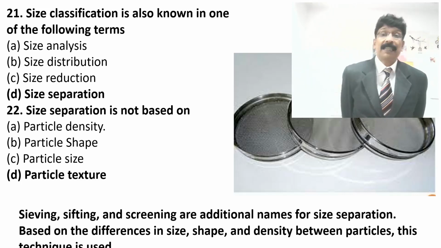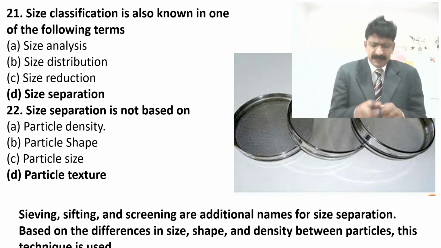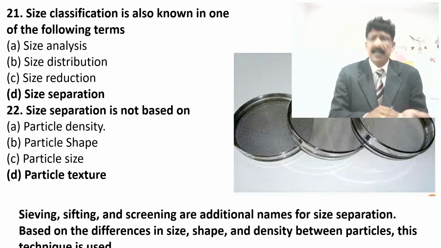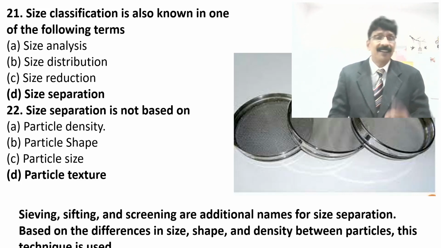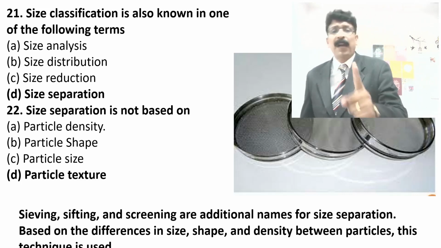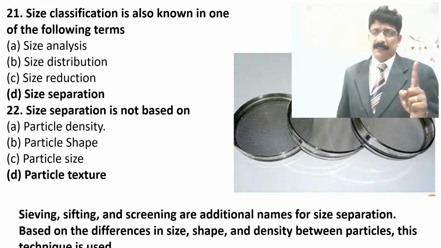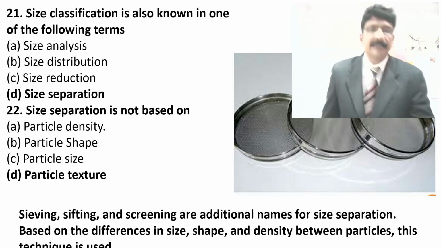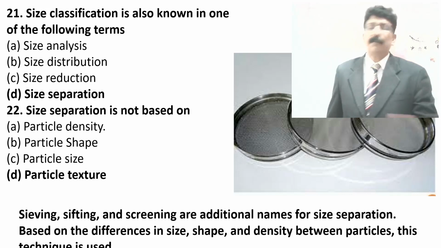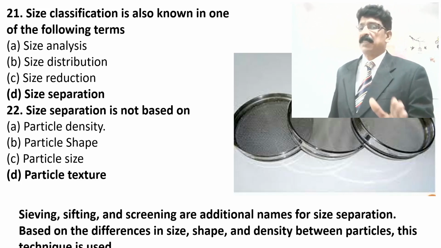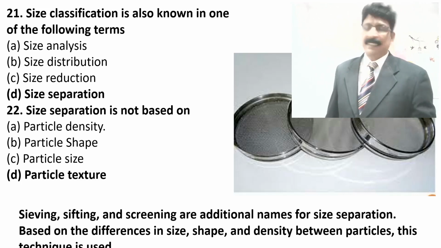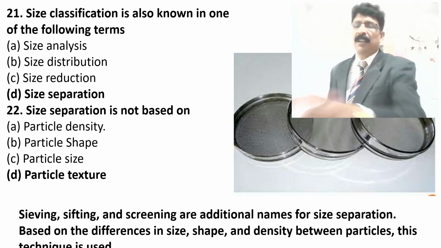But texture, whether shining or rough, has no impact on size separation. Separation by size, density or shape is possible, but usually it is by size, using sieves.